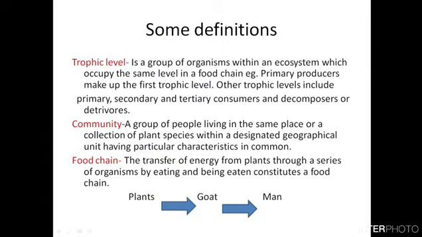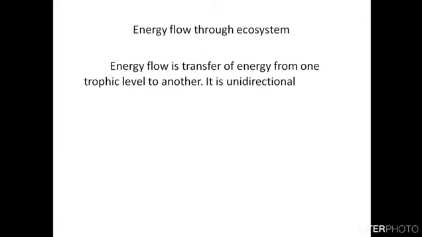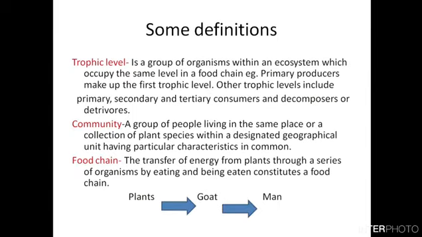But this is a simple example of a food chain where the energy captured by the plants from the sun is transferred from the plants to the goat and then from the goat to man.